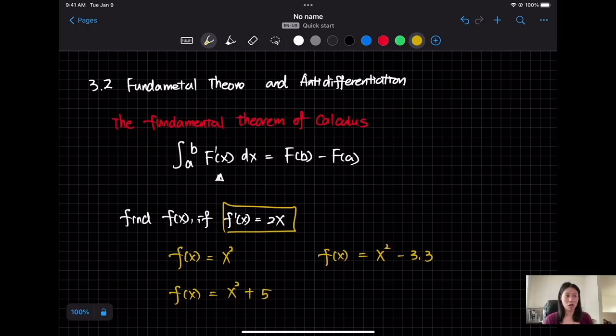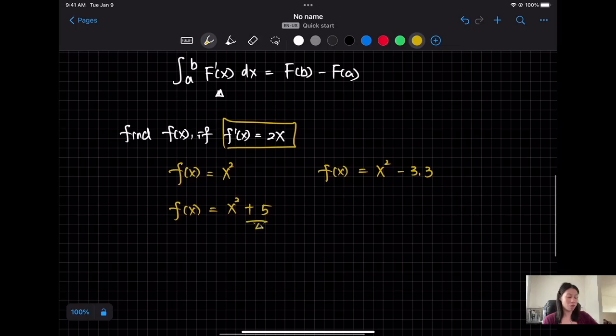So what changed the function? Well, if you think about it, if you're adding or subtracting a constant from a function, the function is going to shift vertically up and down, right? But the derivative is the slope of the function. If you're shifting the function up and down, it shouldn't change the shape of the function, so the slope will remain the same.